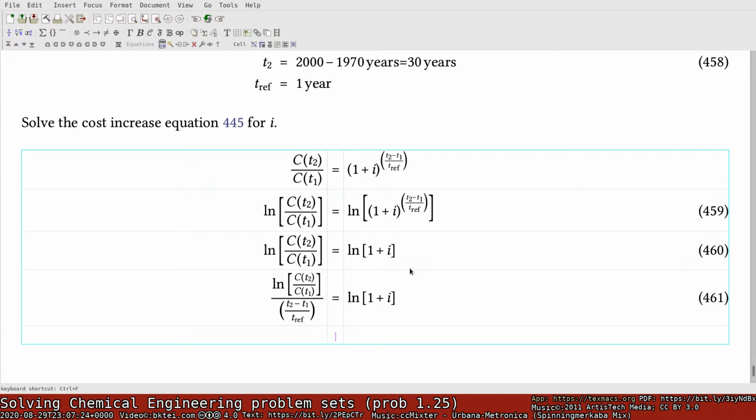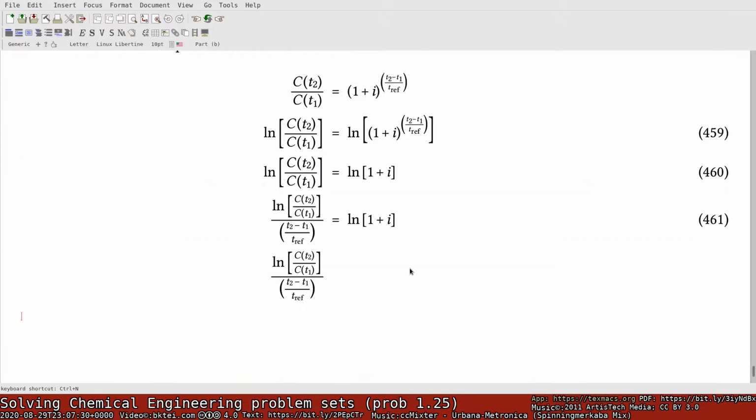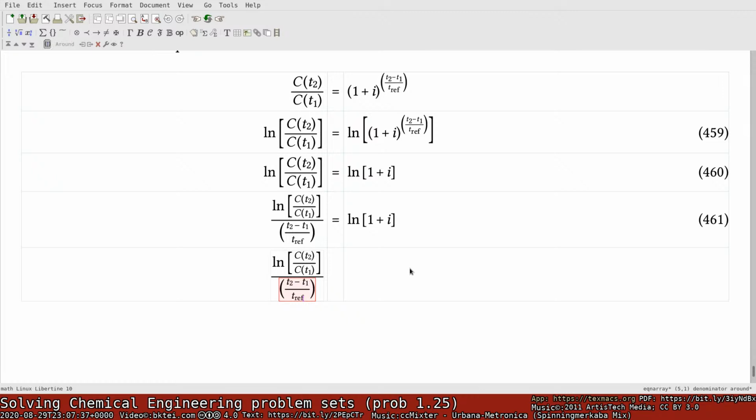So let's do what we were thinking of. Instead of dividing by this, that's the same thing as multiplying by the reciprocal.